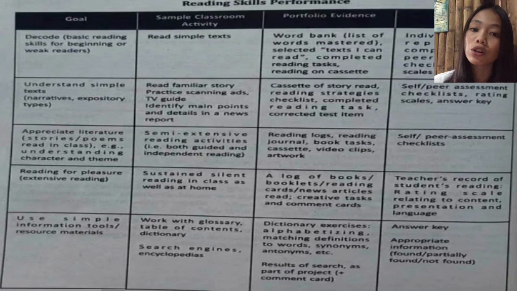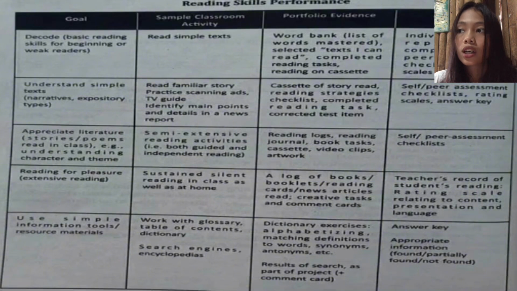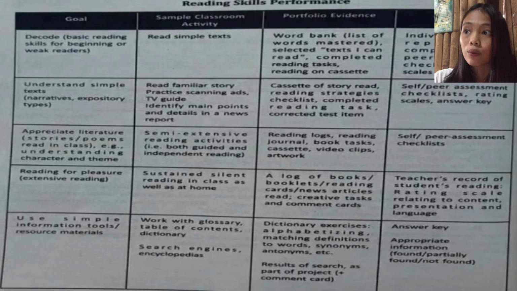This is the table for reading skills performance. It has four divided parts: the first one is the goal, the second is the sample classroom activity, next is the portfolio evidence, and the last one is the assessment tool. In the first category, the goal is to decode basic reading skills for beginning or weak readers.